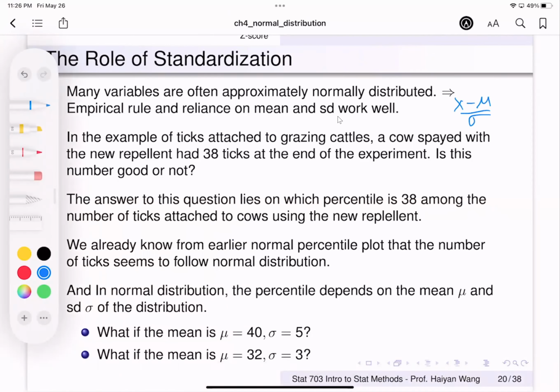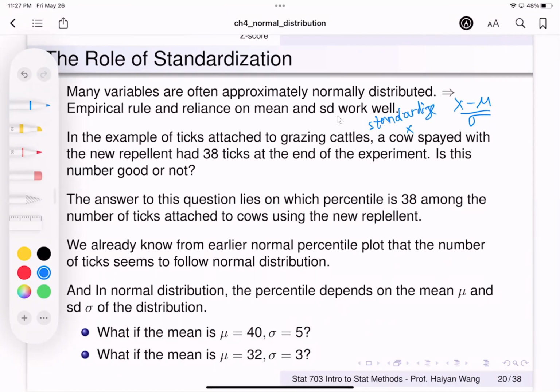This is a standardized x. So-called standardized simply means minus the mean and divide by the standard deviation. If x is normally distributed, after we standardize, it becomes the standard normal.